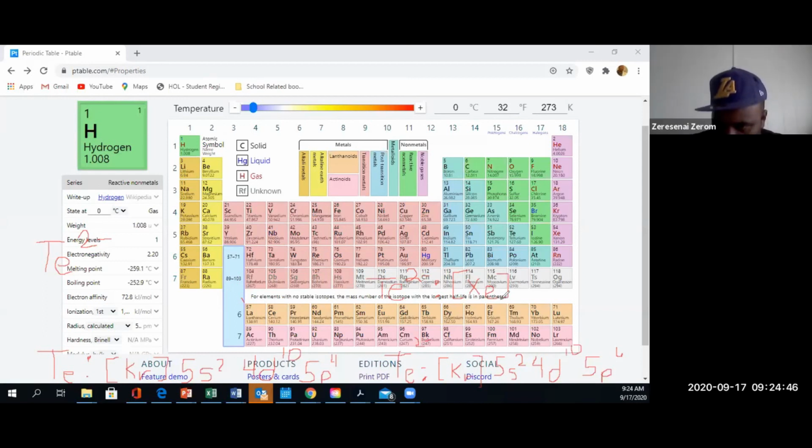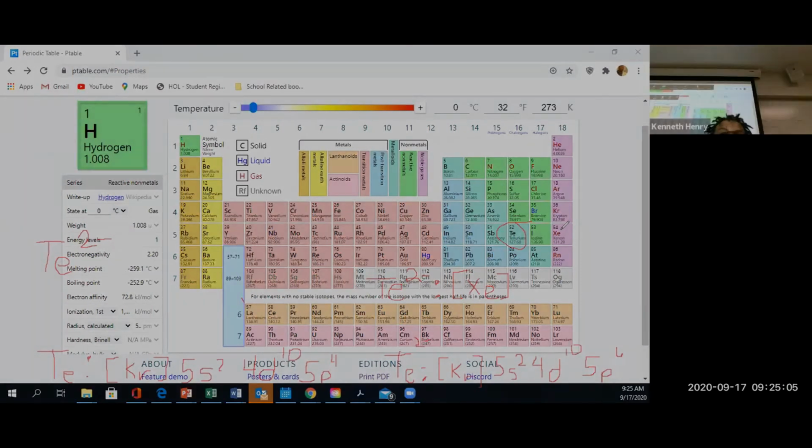Which I still can't find. Te is right here. Thank you. So if I add 2 electrons to it, 1, 2, it makes it just like the noble gas xenon. Oh. Well, why was that so simple and all the other stuff was so difficult? It isn't that difficult. It's all simple.